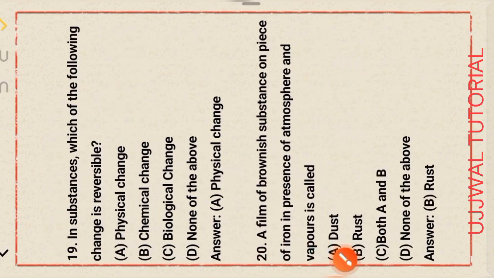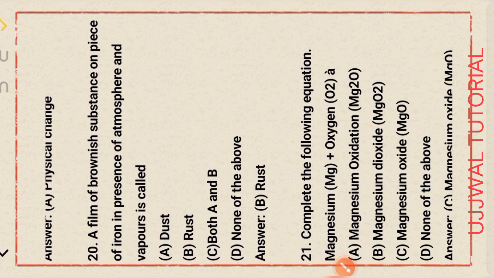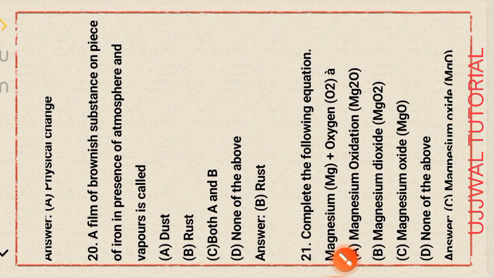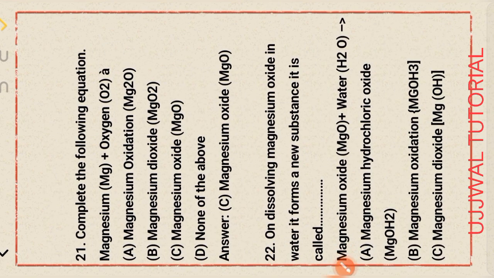Next question, question number 20. A film of brownish substance on surface of iron in presence of atmosphere and vapor is called rust. Okay, option B. Next question, question number 21. Complete the following equation, that is magnesium plus oxygen forms magnesium oxide, that is MgO.